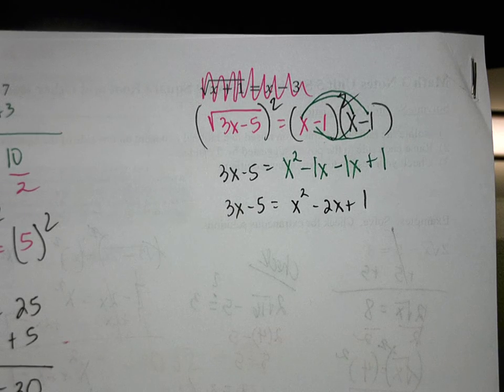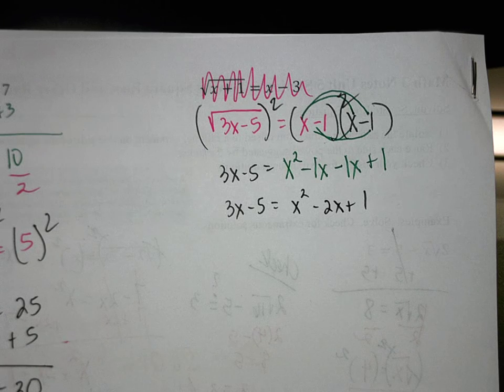Okay, so next step, tell me the next step. So what would I do at this point for solving? Mark. So anytime you have an x squared, you want the equation to be set equal to what? 0. And we always want our x squared term to be positive. Good.